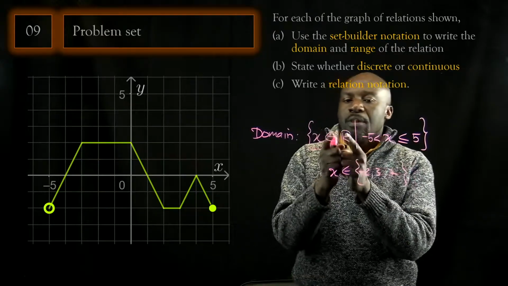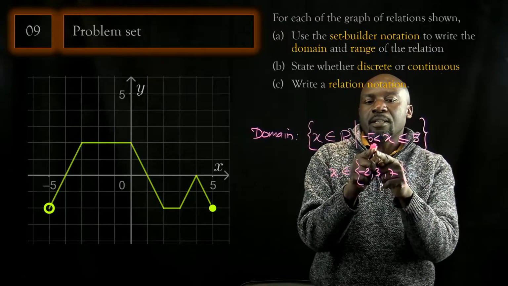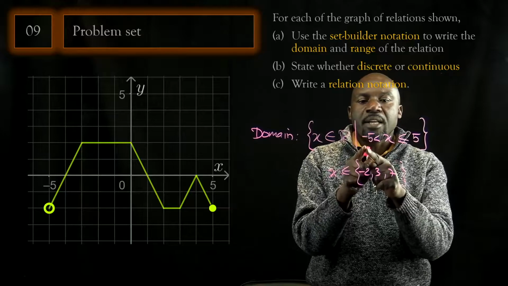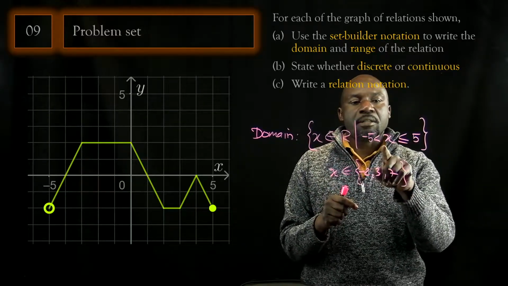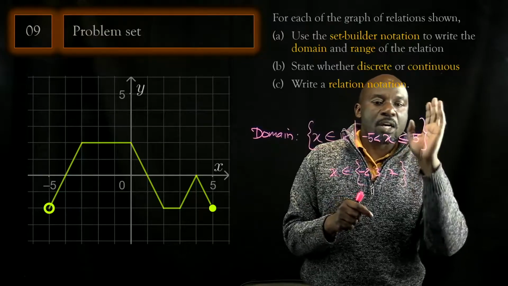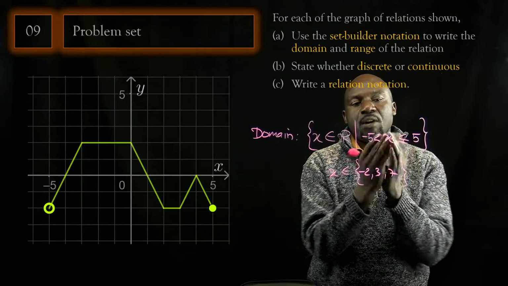They are real, and we can't say -5, -4, because -4.9 is in there, -3, 0.0001 is in there. So we take a range of possible values, and this is how we represent it.